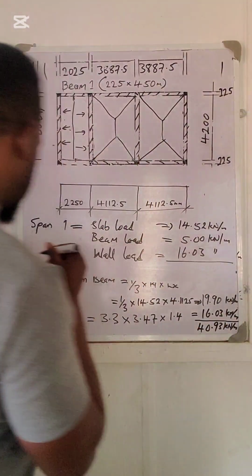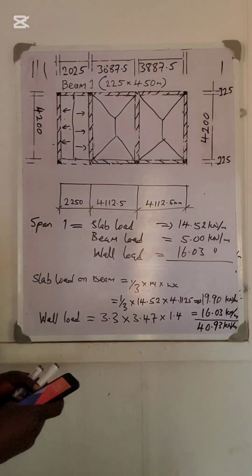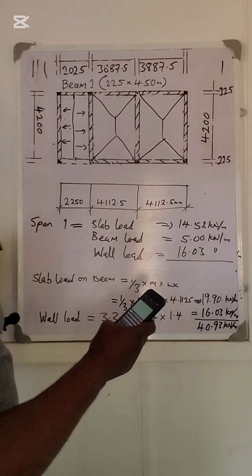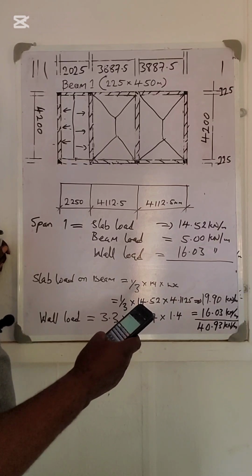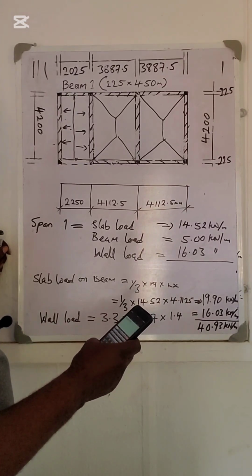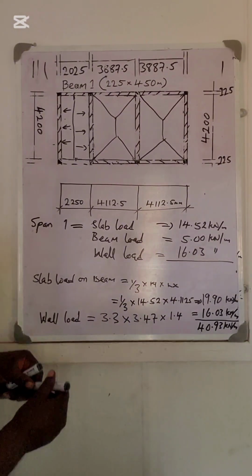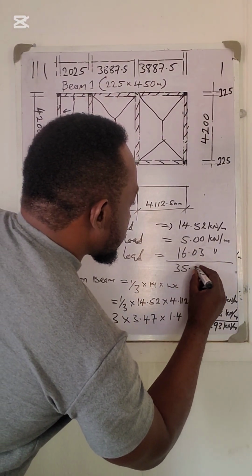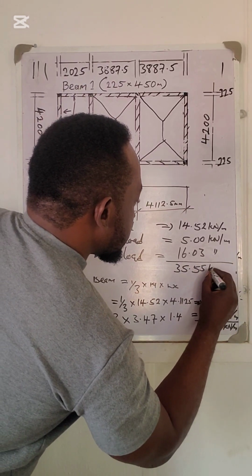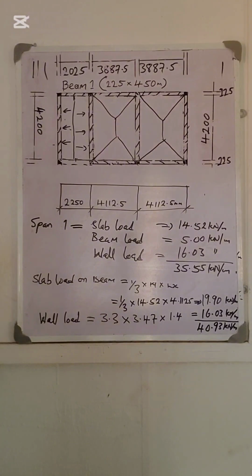So if you add this together, I'm going to have 14.52 plus 5 plus 16.03. This gives me 35.55 kilonewton per meter.